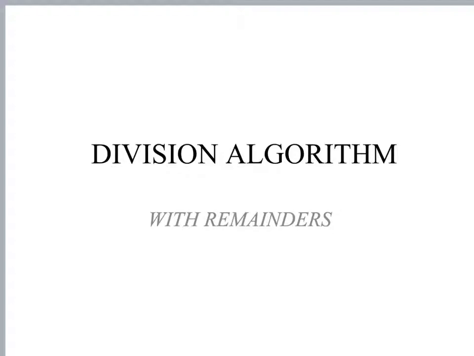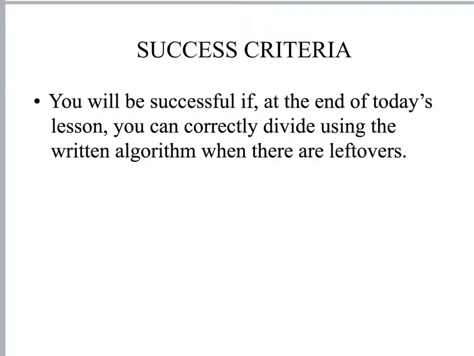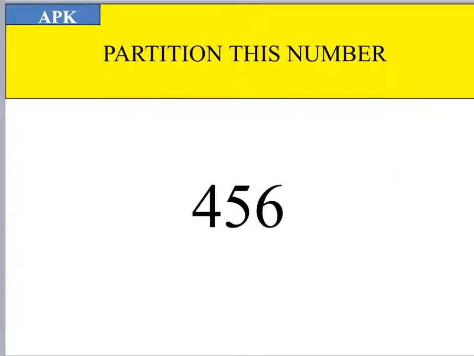So we're going to be looking at what we do when we have leftover numbers after completing our division. Today you will divide using the written algorithm, and the new part is when there are leftovers. To be successful at the end of this lesson, you'll be able to divide using the short division written algorithm when there are leftovers.